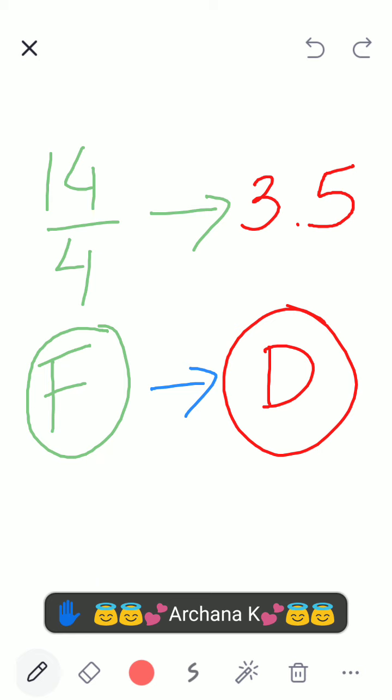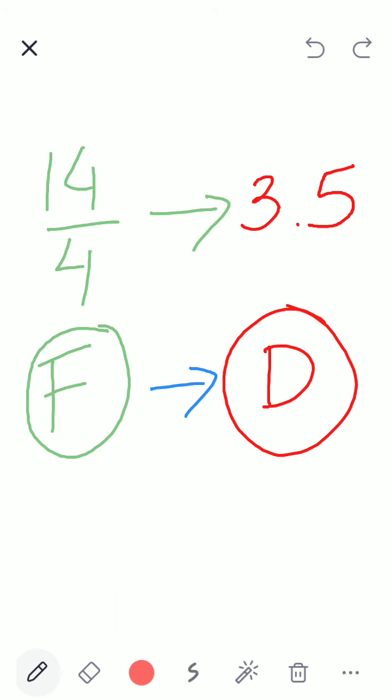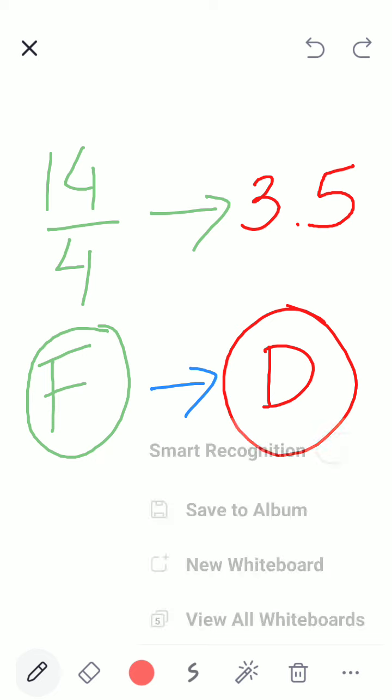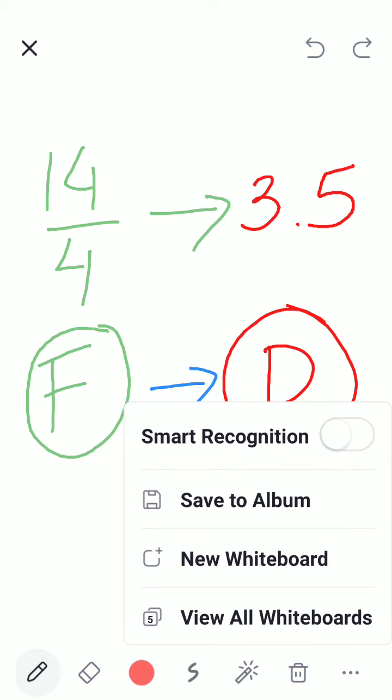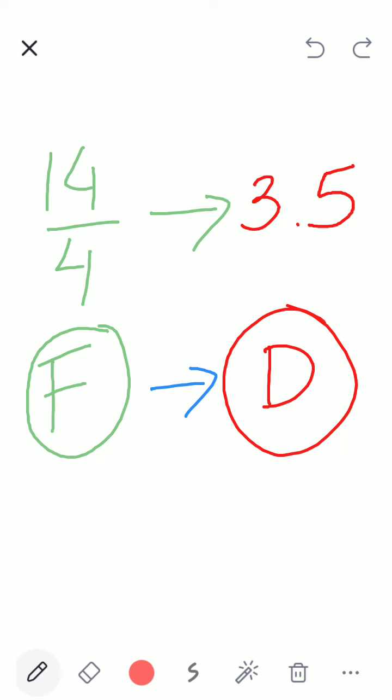Now, yes, Archana. In proper division. You can do decimal. That's what I'm telling you. No, Archana, look at my screen. What is fraction?